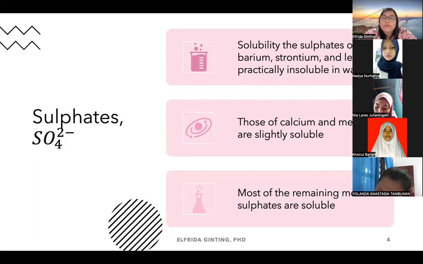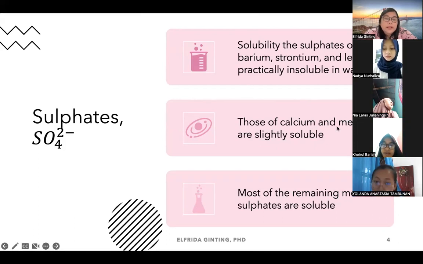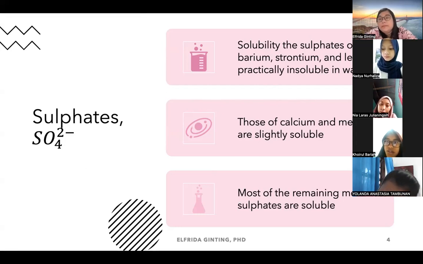So it's quite different from calcium and mercury, because calcium and mercury sulfates are slightly soluble. It means a little bit of it will be soluble, but not the whole of it. So this is totally not soluble, this is slightly soluble, and the rest of the cations will be soluble in sulfate. I think last week we were studying group 5, right? Group 5, group 4.